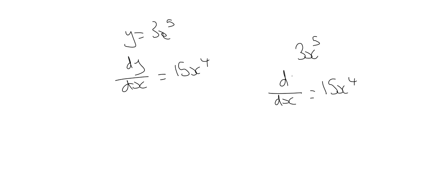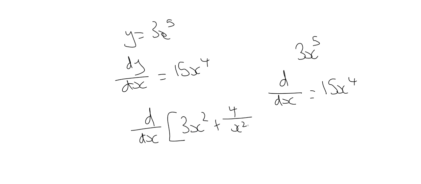Sometimes you will be given an equation, and you might be told that d/dx is 3x squared plus 4, something like that, with respect to x. So what they're telling you is that this is the derived function, d/dx, okay? There's just no y involved.